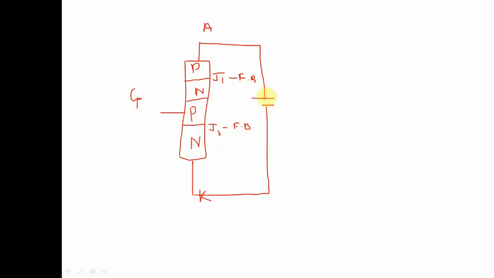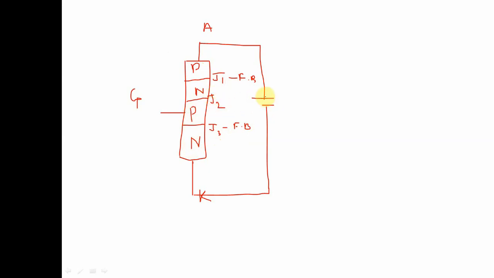Here the positive terminal of the battery is connected to P and the negative terminal is connected to N. So J1 junction is forward biased, because positive is connected to positive and negative to negative. Similarly, junction J3 is also forward biased.